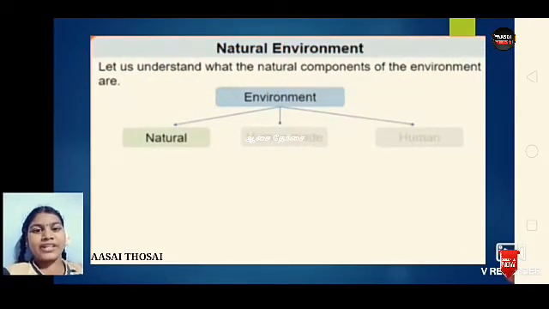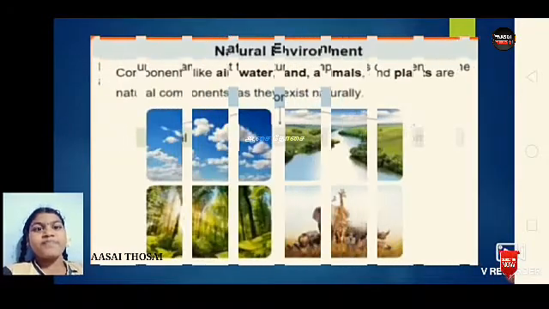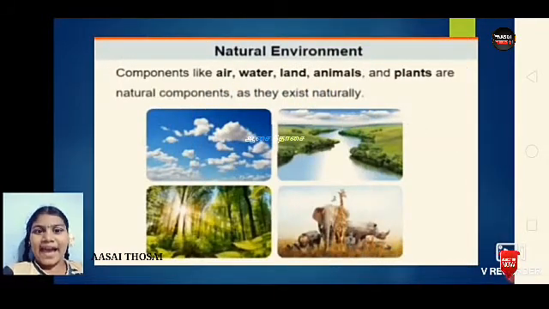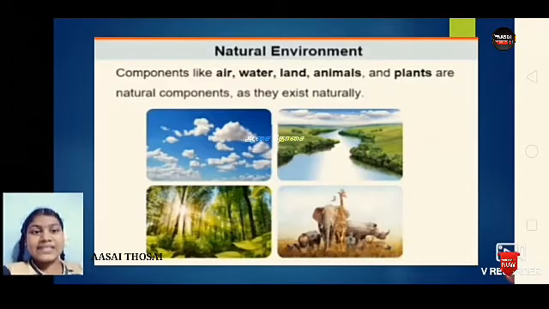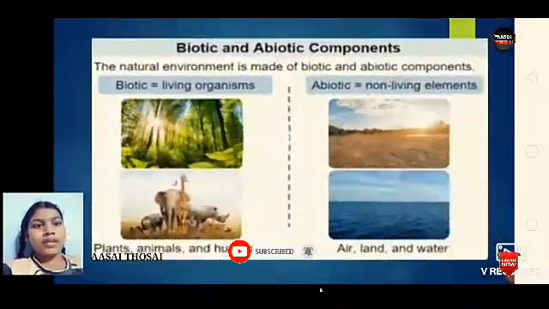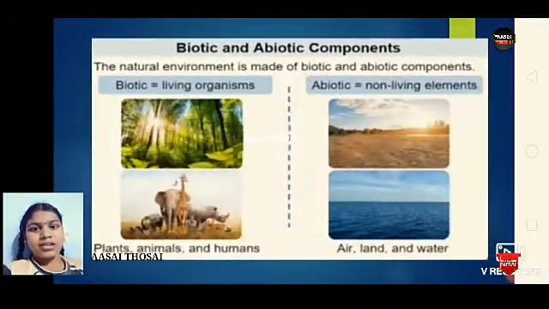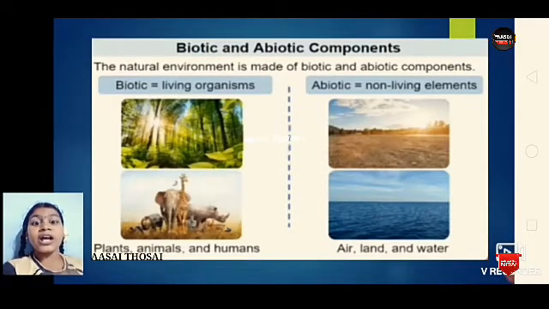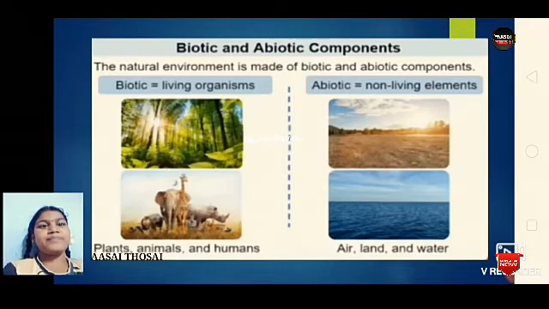Now let me read about the nature environment. Components like air, water, land, plants, animals are nature components as they exist naturally. Before we learn human components, nature components are divided into 2 parts: biotic components and abiotic components.